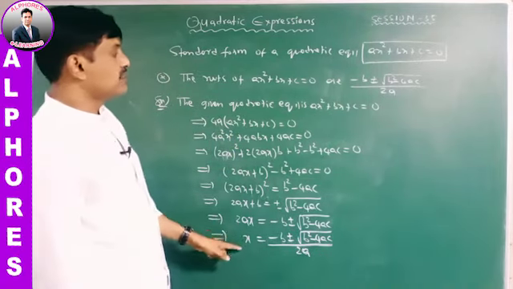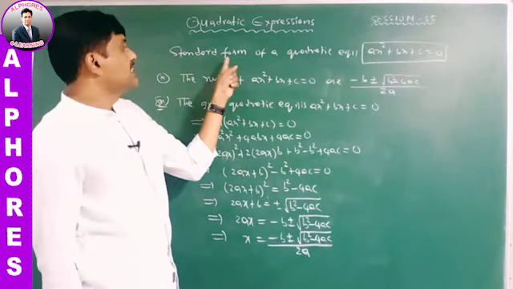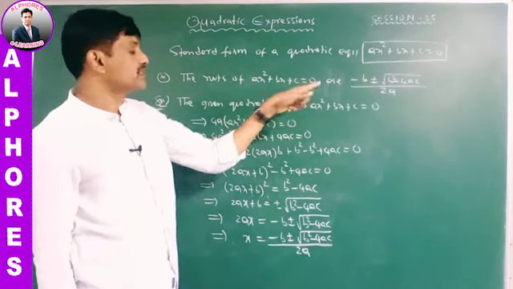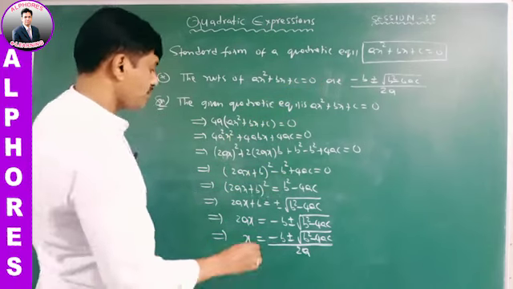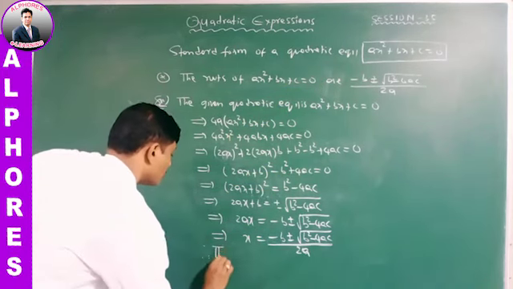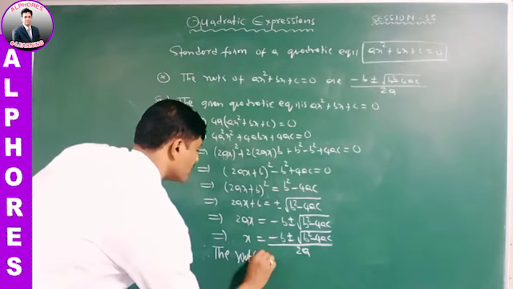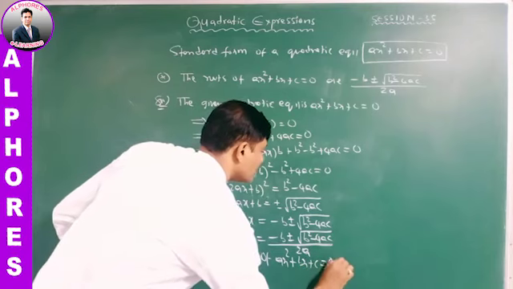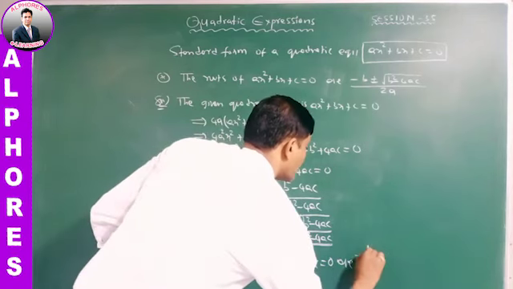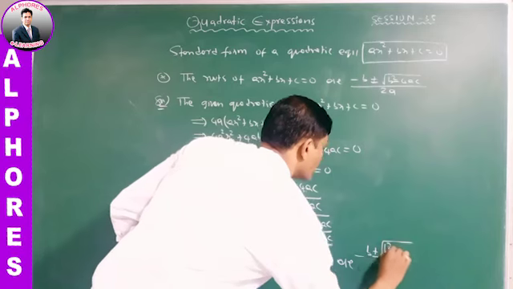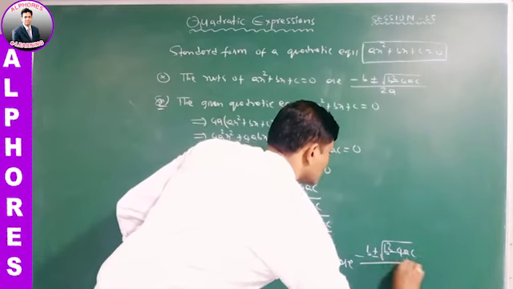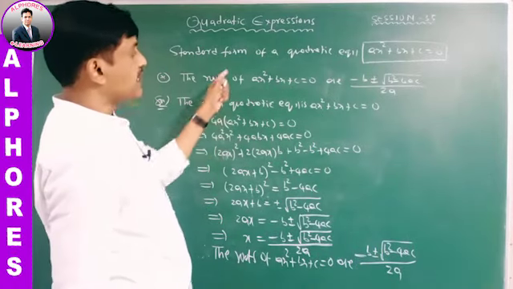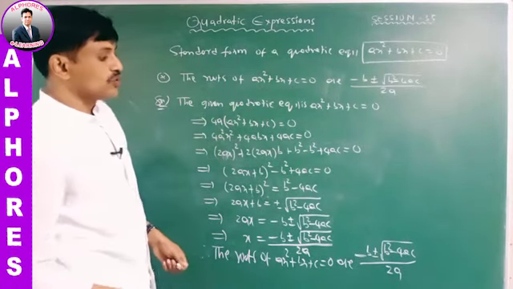Now these are the roots of our standard quadratic equation ax² + bx + c = 0. Therefore, the roots of ax² + bx + c = 0 are (−b ± √(b² − 4ac)) / 2a. Okay, these are the roots of the standard form of the quadratic equation ax² + bx + c.